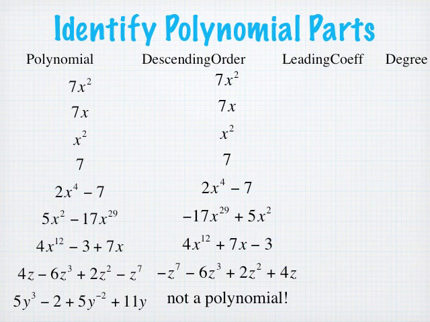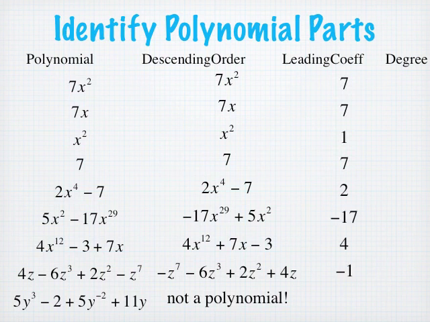Okay, if we look at the leading coefficient, the only thing we're looking for is the coefficient in front of the first term and the degree of the first term. So the coefficients for those first ones are 7 and 7, and then 1, even though nothing's written, and then 7, 2, -17, 4, and -1. So those are my leading coefficients.